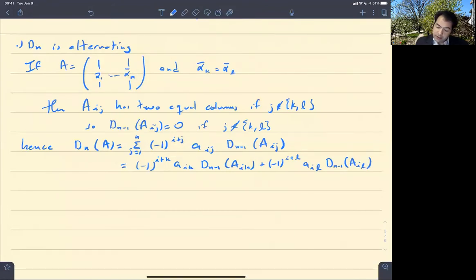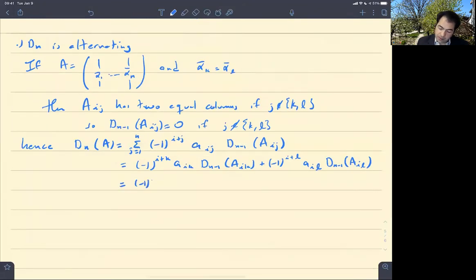Now, because those two columns are the same, alpha_k equal to alpha_l, little a_ik is the same as little a_il. So I can write this with a common factor of (-1)^(i+k) a_ik, multiplying D_{n-1} of capital A_ik plus (-1)^(l-k) D_{n-1} of capital A_il.